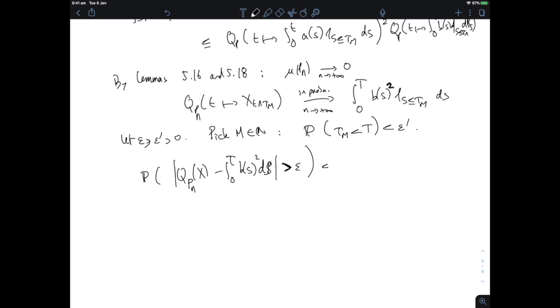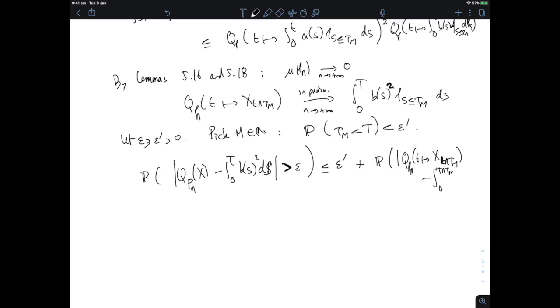If it's before, this has probability at most epsilon prime, and if it's after, then you're really looking at the probability that the process stopped at the appropriate stopping time minus this integral stopped at the appropriate stopping time.